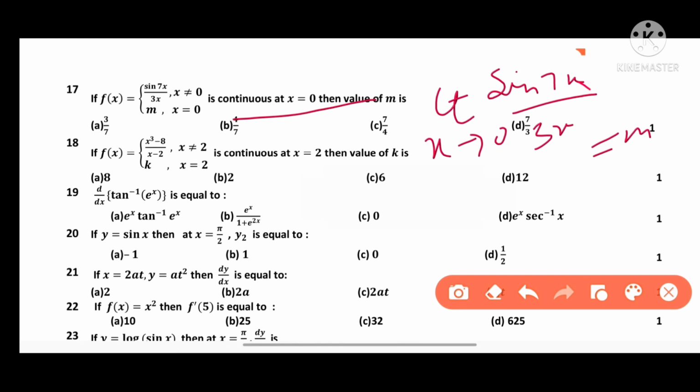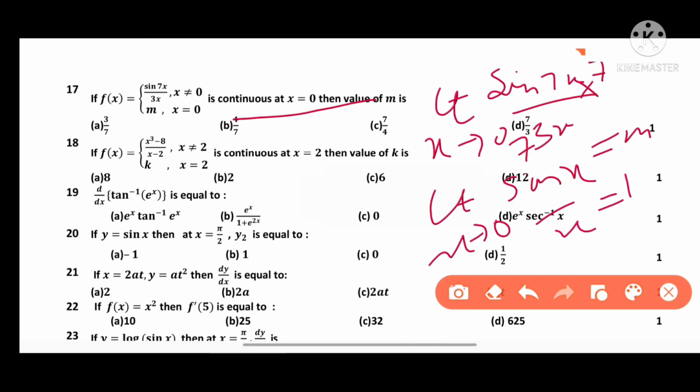Now multiply and divide by 7, and limit x tends to 0 of sin x by x is equal to 1. In this case sin 7x divided by 7x is equal to 1.